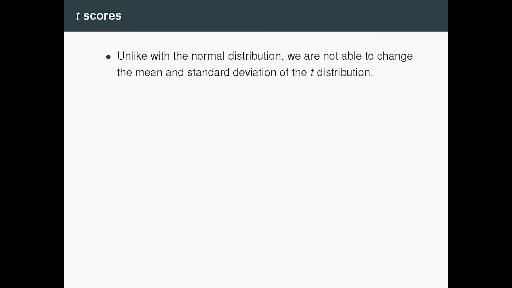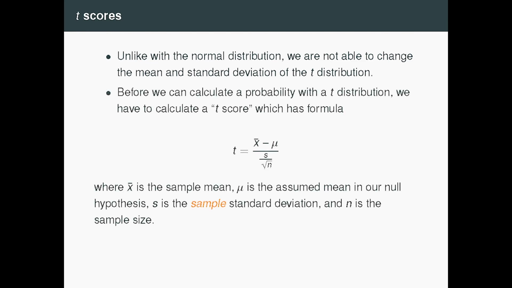As I mentioned before, the mean of a t-distribution is always 0. So unlike with the normal distribution, we are not going to be able to change the mean and standard deviation of the t-distribution to whatever we want. So before we can calculate a probability with the t-distribution, we have to calculate a so-called t-score, which has the following formula.